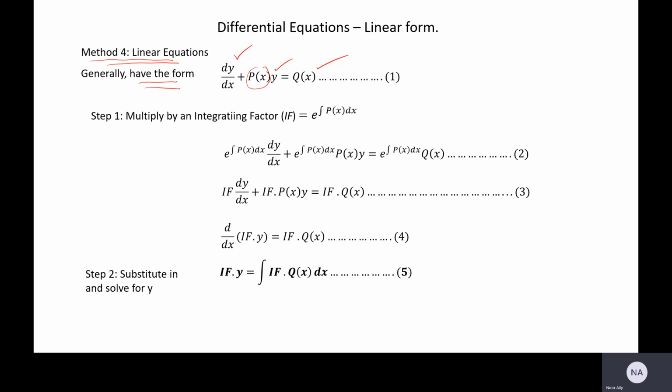dy/dx is obviously our derivative. p(x) is some function with respect to x, and likewise q(x). And they do not necessarily have to contain an x. It could be a constant. Like for p(x), I could have 5 times y. Then p(x) would be 5.